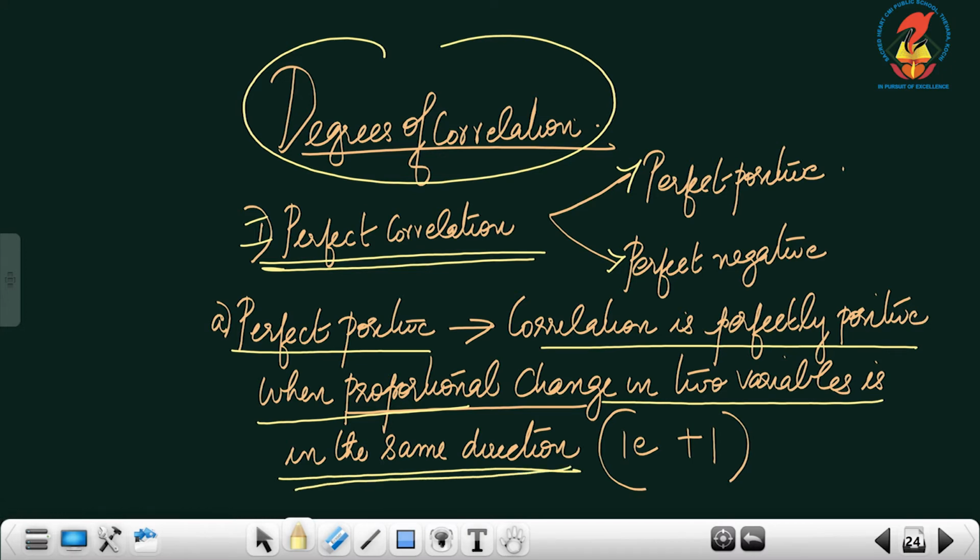Just as we said about supply and price, both variables move in the same direction with a proportional change.